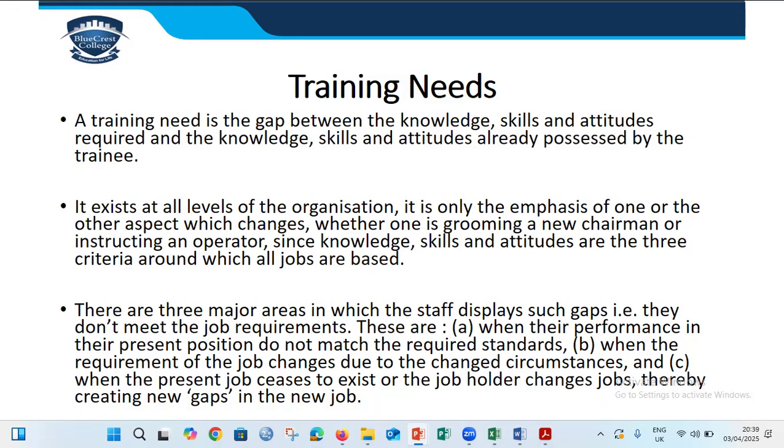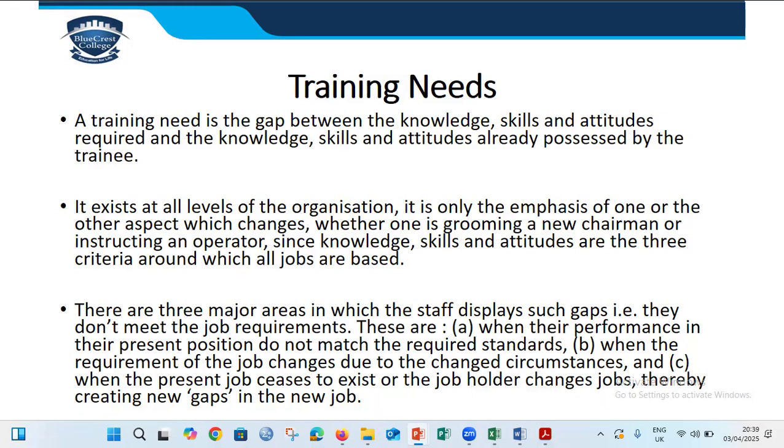Okay, so there are times that people's performance in the present position does not match the required standards, or when the requirements of a particular job change due to changed circumstances, and then when the present job ceases to exist, or the job holder changes jobs, thereby creating new gaps in the new job.